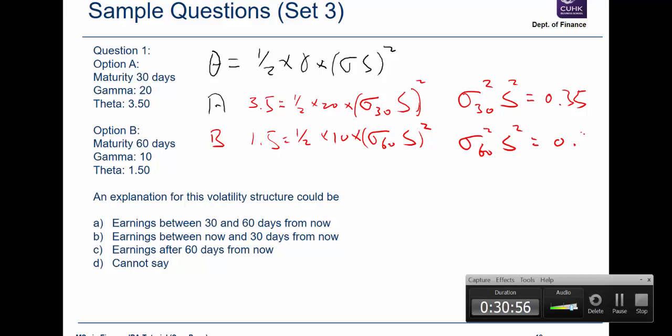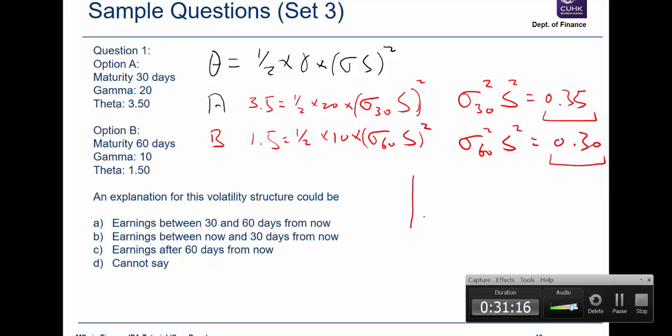I'm just moving everything to the other side. Now the S here doesn't really matter terribly, so I'm just going to strike that out because it appears in both equations. But the point here being that the short-term vol is higher than the long-term vol.